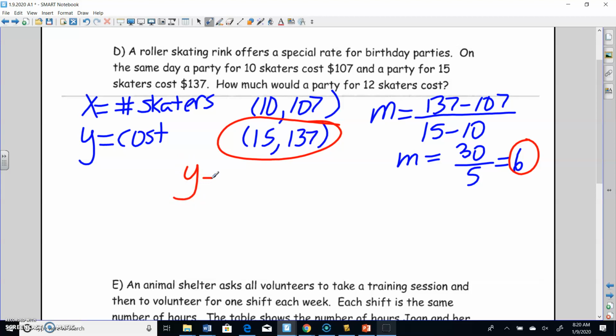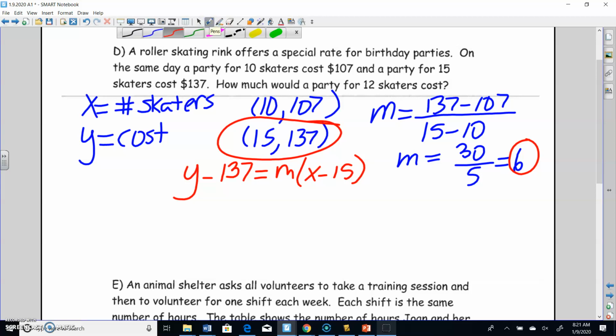So my y value in the point that I'm using is 137 equals slope times x minus the x coordinate of the point I'm using. Okay, so we have the equation that fits the data that we're given. That's not what we were asked to do, right? It didn't say find the equation. It said how much would a party of 12 skaters cost?